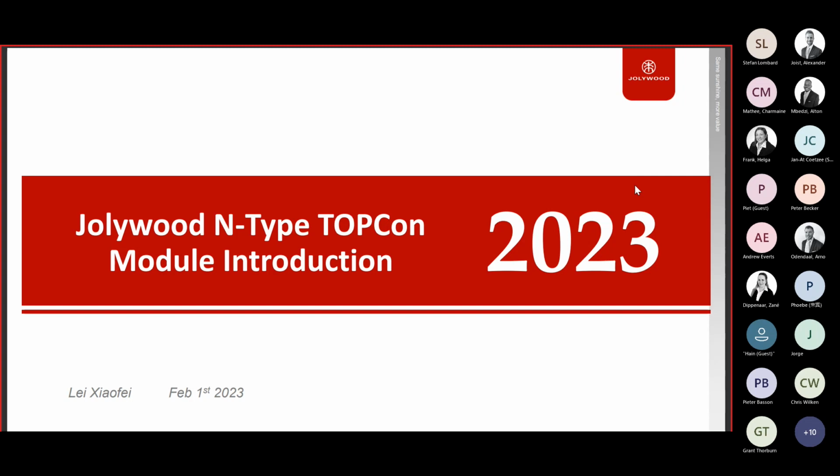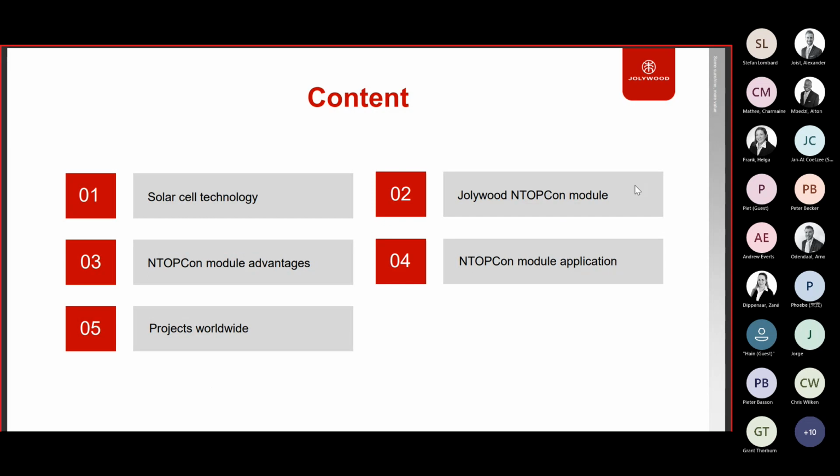We are the first one to put it in mass production. Today my presentation includes 5 parts: solar cell technology, TopCon modules and their advantages, and also TopCon bifacial module applications. And finally, we will show our TopCon bifacial module projects worldwide.